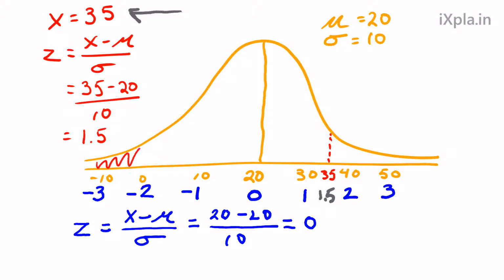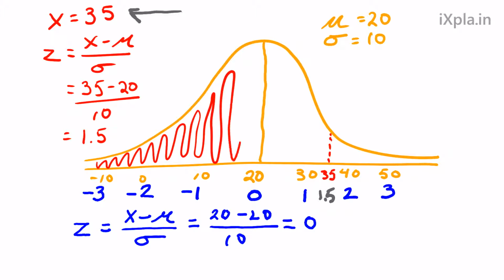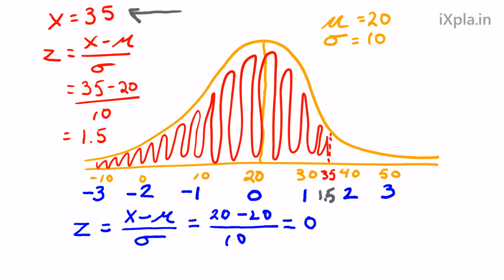Now what I'm interested in for this question is how many people I scored better than if my score was 35. So I'm interested in the shaded area. Is the shaded area a body or a tail? It's a body.